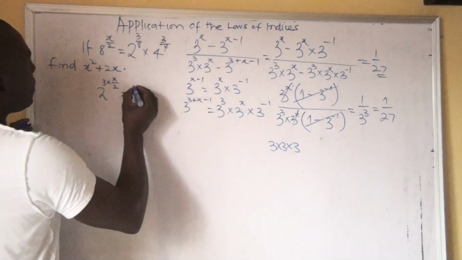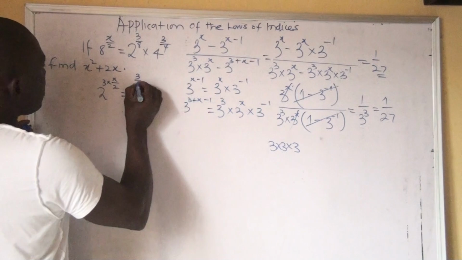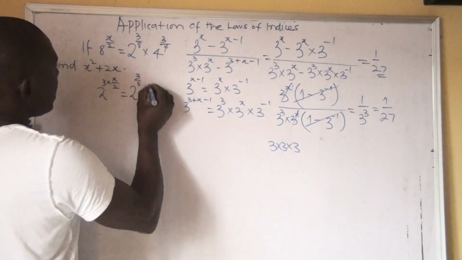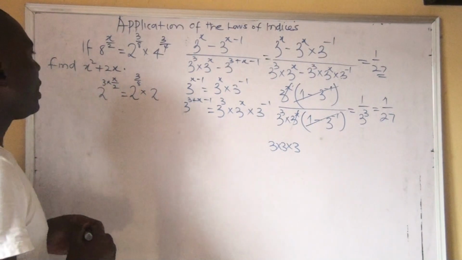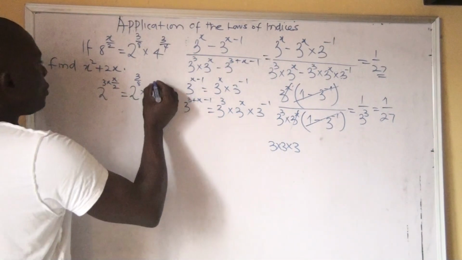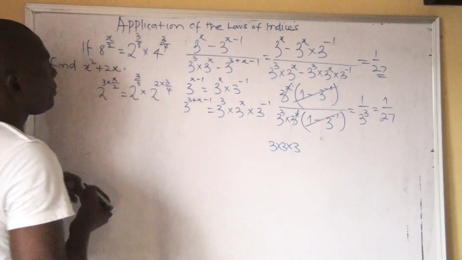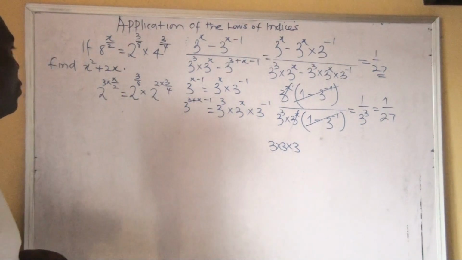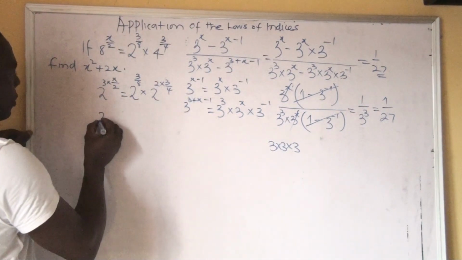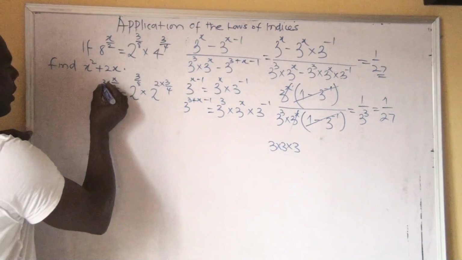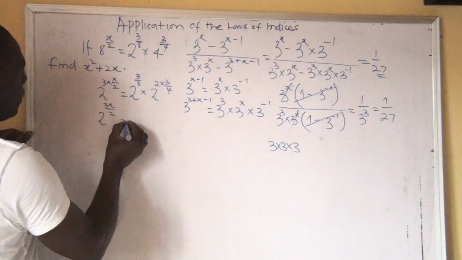So here it's already in 2. So here is 2 raised to the power 3 over 8 times, and here we express 4 as the prime number in index form, which is 2 raised to the power 2 times 3 over 4. So on the left hand side, 2 raised to the power 3 times x over 2 will give us 3x over 2.